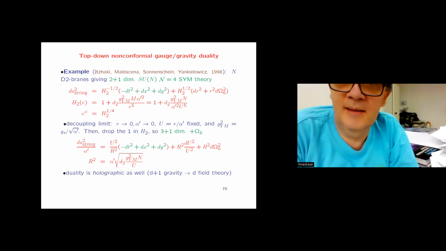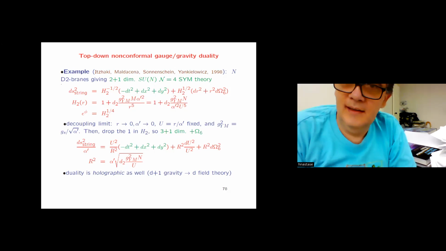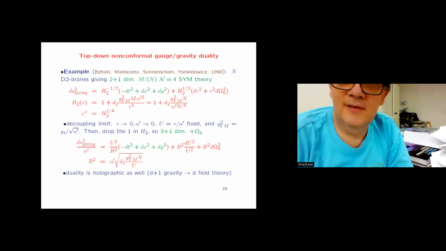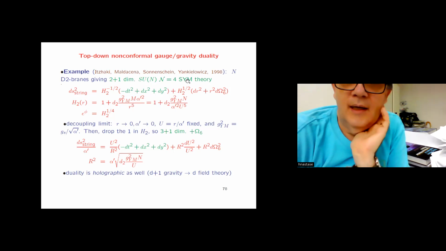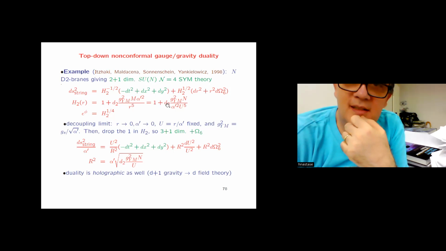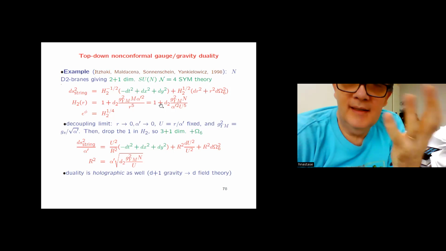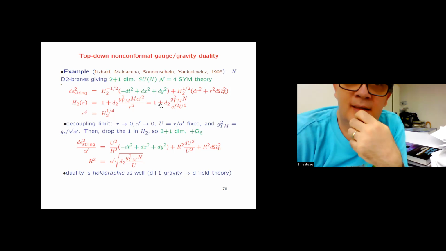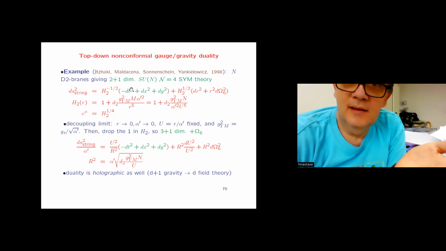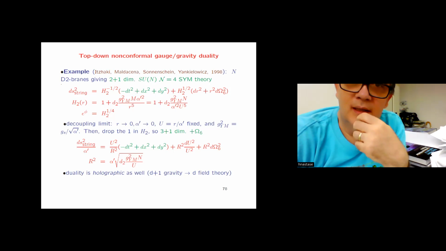This example was done shortly after the paper of Maldacena by Itzhaki, Maldacena, Sonnenschein, Yankielowicz. One considers ND2 branes in a decoupling limit, and that will give a 2+1 dimensional super Yang-Mills with gauge group SU(N).